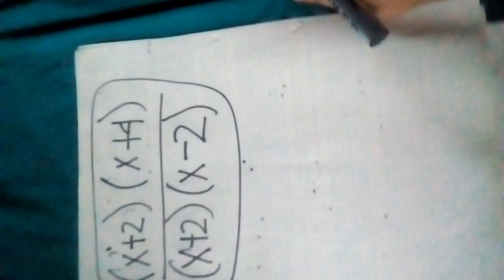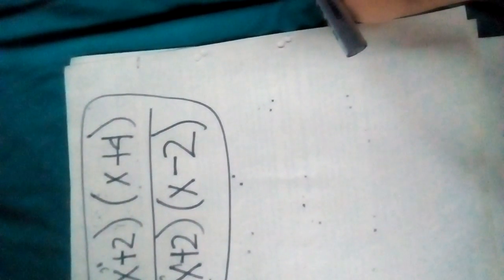x plus 2 times x plus 4 over x plus 2 times x minus 2. This would be our factored form.